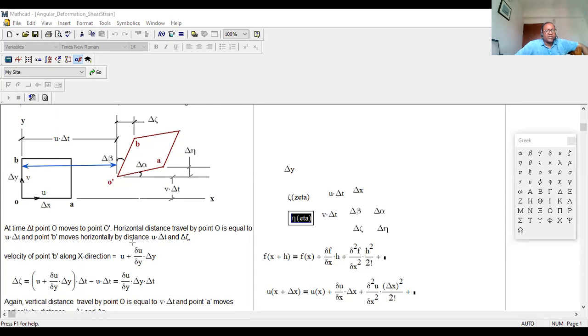Now, what horizontal distance is traveled by point B? That we need to figure out.